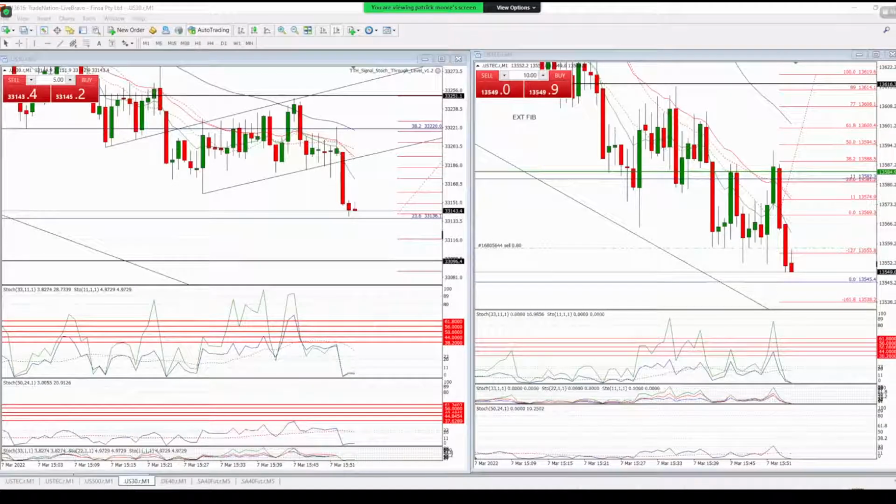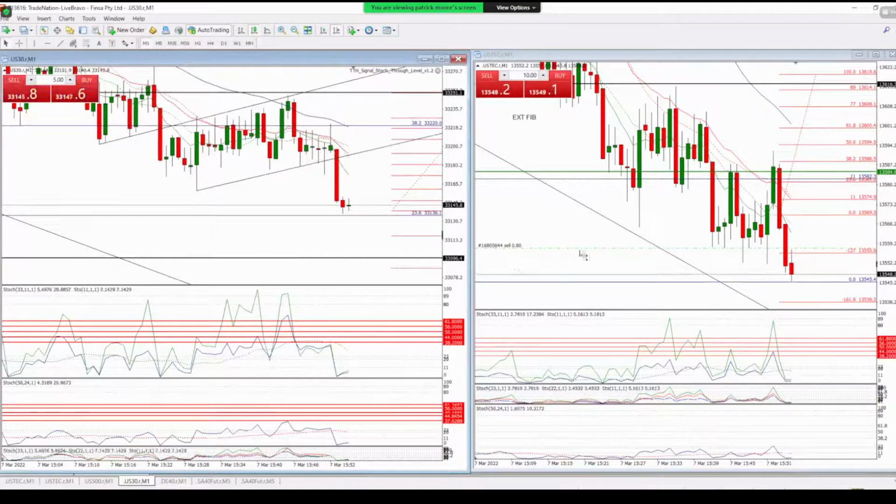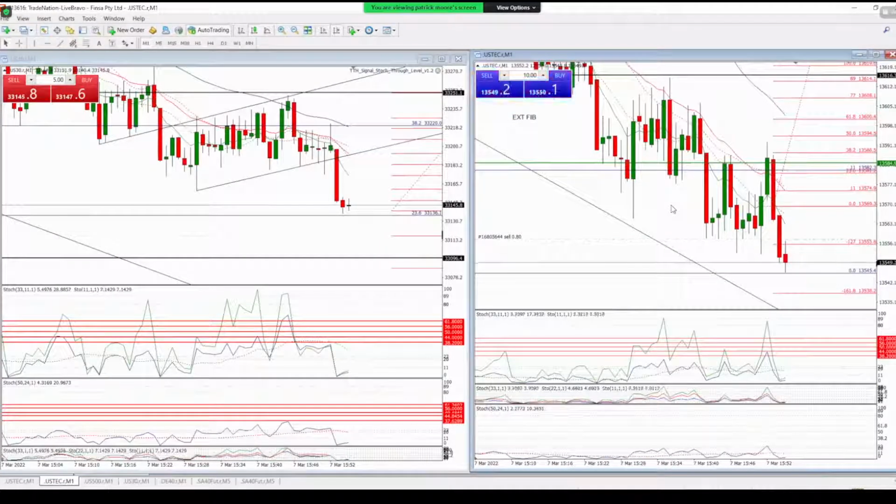And 77% retracement of 5 minute grid. US Tech sitting at the 0, that makes that double bottoms, I think. Look at my 5 minutes.